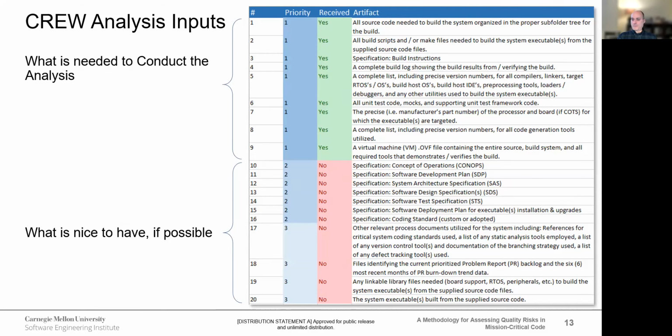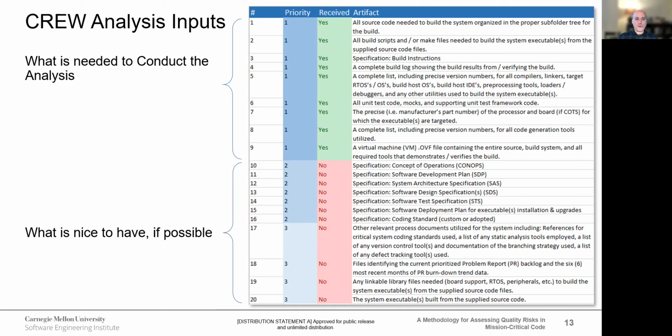The inputs tab of the CREW worksheet shown here tracks our receipt of inputs that are needed for the assessment process. And the top priority ones are at the top of this list.